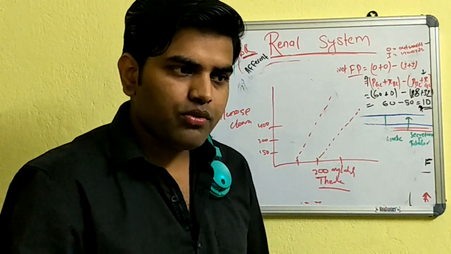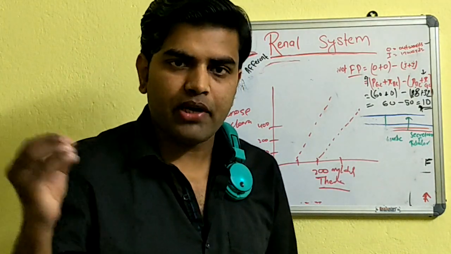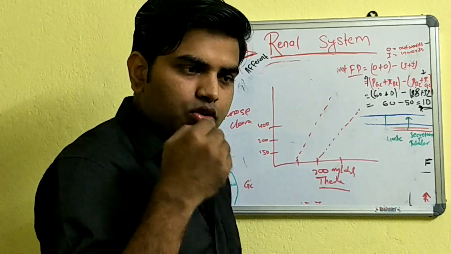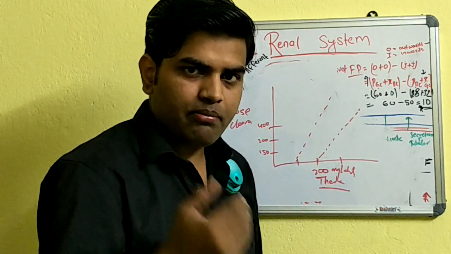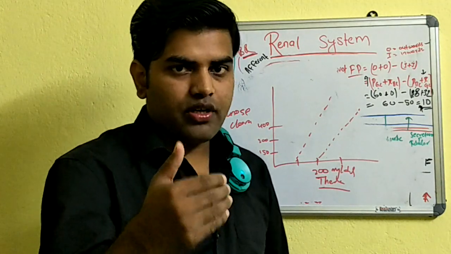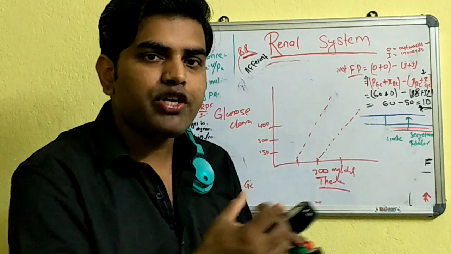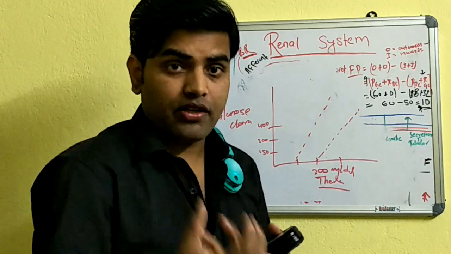Okay, our blood glucose level is 60 to 120 milligram per dl. Whenever the glucose level goes up beyond 200, it reaches the threshold. That means after that the kidney is unable to reabsorb the glucose. That is the main concept.